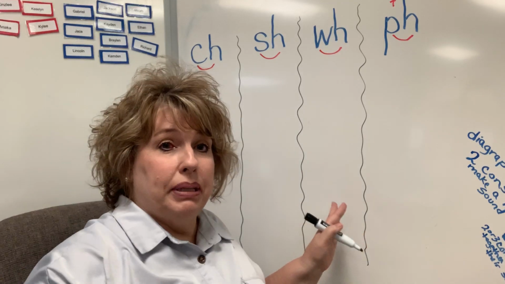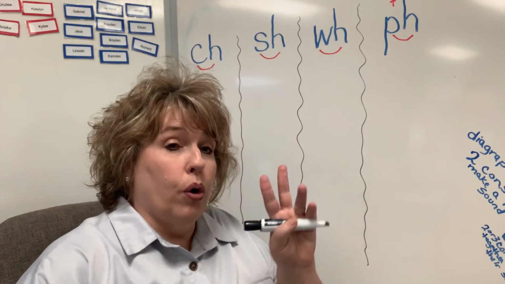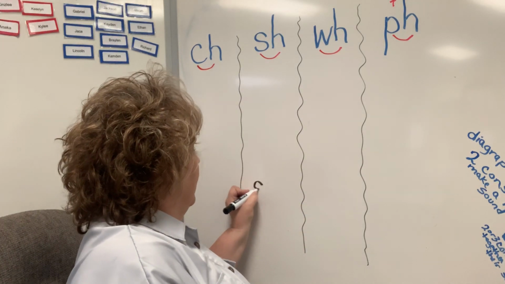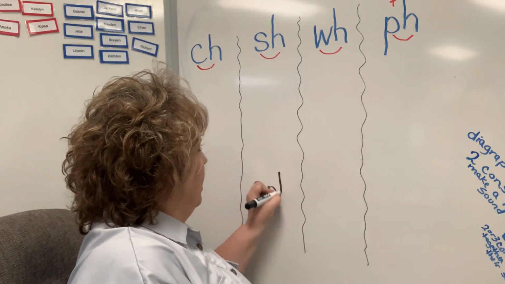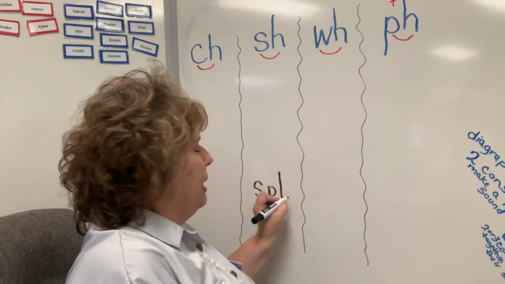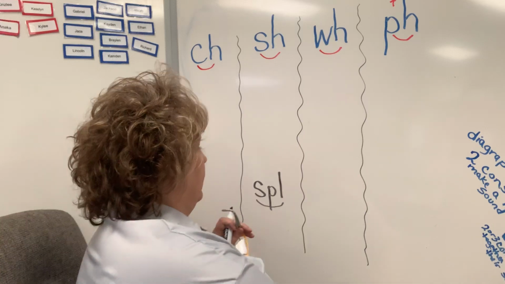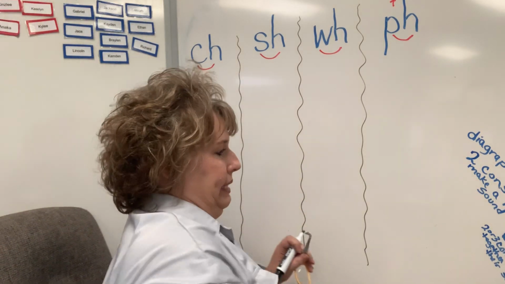Let me also remind you, blends can be 2 or 3 consonants together. So remember, we also had a blend that had like S, P, L, splash, like in, there were 2 and 3 letter consonant blends.